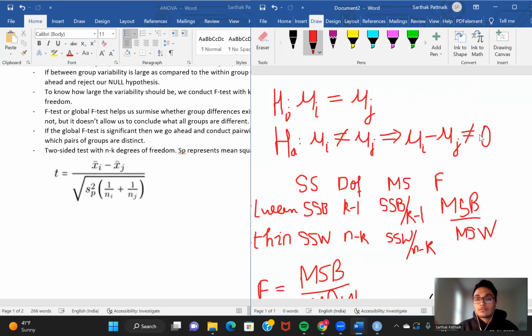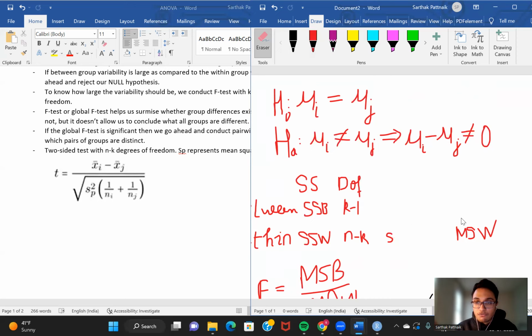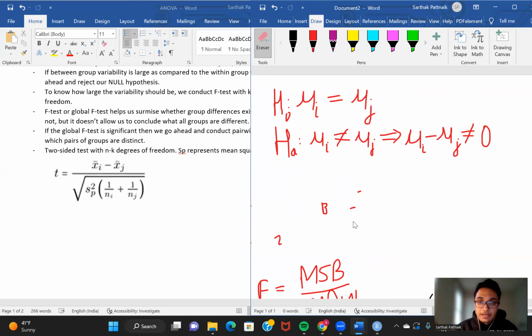So in order to find evidence for this alternate hypothesis, we need to do a double-sided t-test, because we need to find evidence for both scenarios, whether the mean of the first one is greater than the second one, or the second one is greater than the first one. To find out if a pair of groups are different or the same, we again need to compare our test statistic with the critical t-value. In this particular case, this is my test statistic.